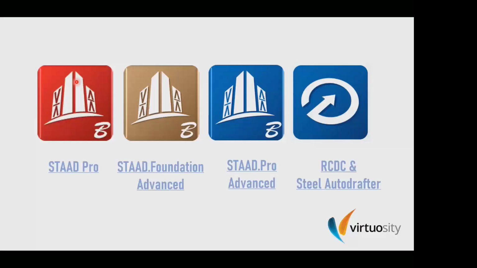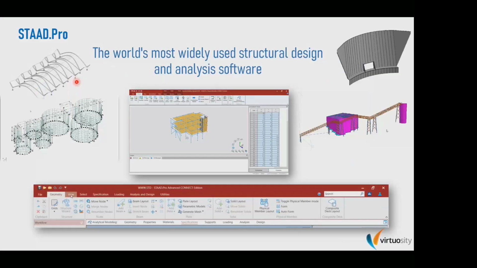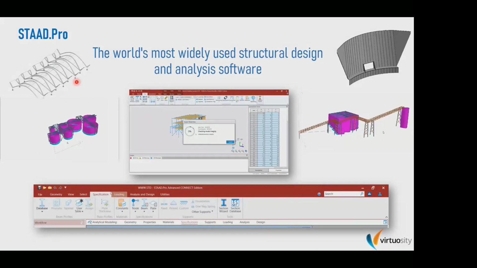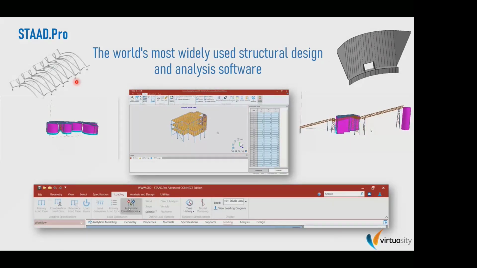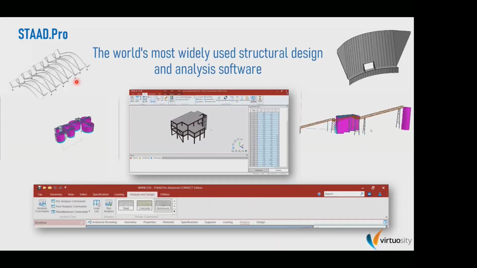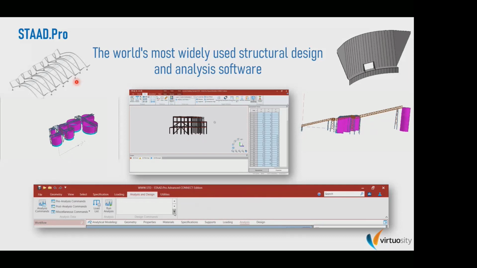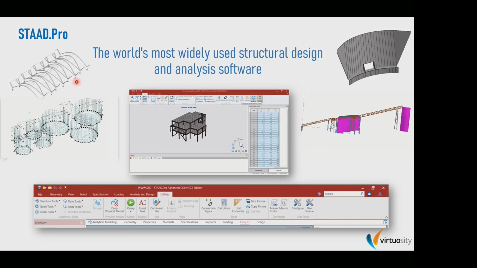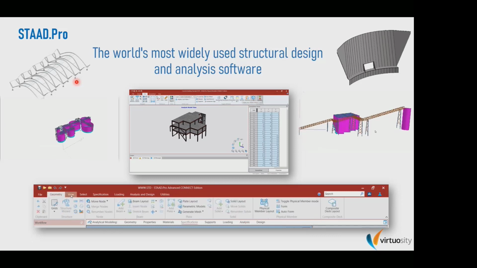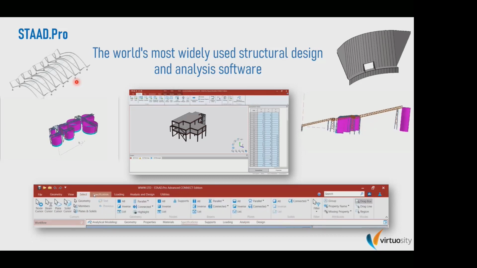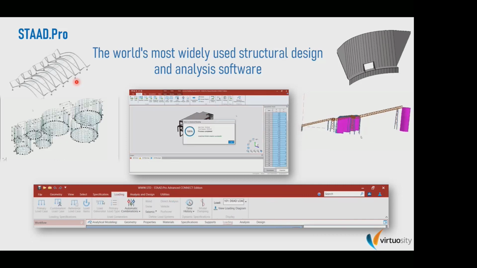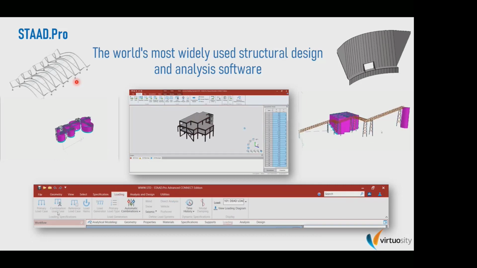Starting with the STAAD line, STAAD.Pro is the first one. It's the world's most widely used structural design and analysis software. Why? Because we have more than 30 years in the market, and because it's general software, so intuitive, and one of the easiest software in the world in the geometry part to do general analysis.